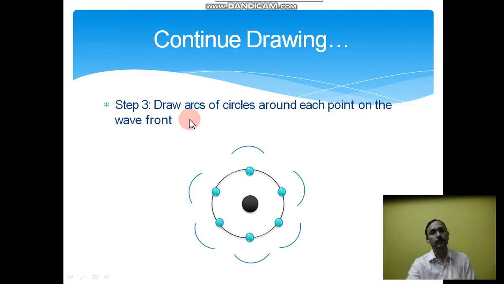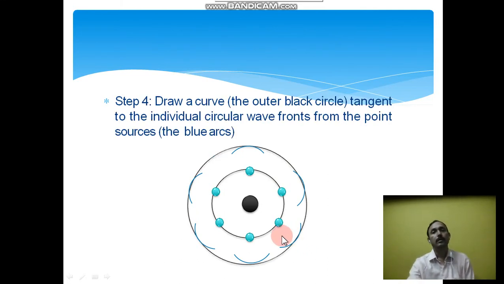Step 3. Draw arcs of circles around each point on the wavefront. So this is each point. Draw the arc of the circles. Then draw a curve, the outer black circle, tangent to the individual circular waves.